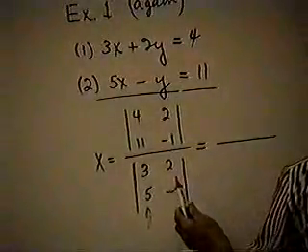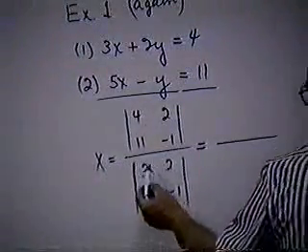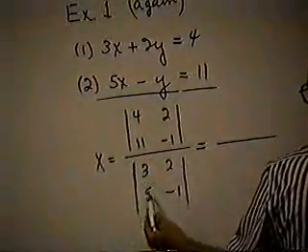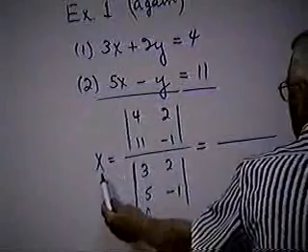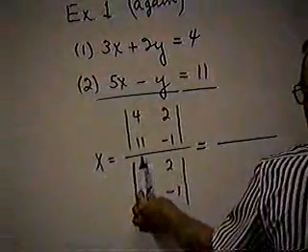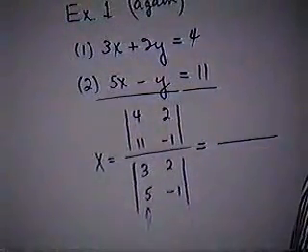So let's say it again. Solving for x or y, the denominator is the determinant of the coefficients of the x's and y's. The numerator is, if I'm looking for x, I replace the x column. I replace the 3 and the 5 up here with the constants, 4 and 11. That's how simple it is.